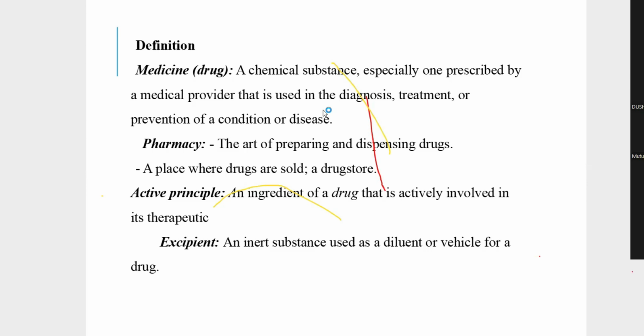So in medication nomenclatures, I think you had this: the brand names, generic names, chemical names, essential drugs. The brand name is the name given by the manufacturer.